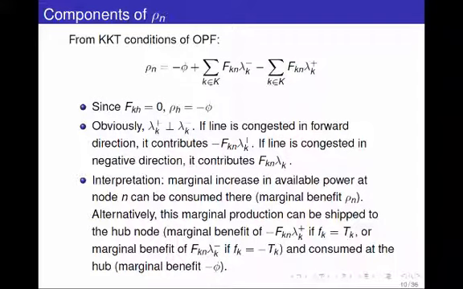First of all, rho of hub is minus phi, so hub in our case is bus A, and then rho of B is minus phi, the same, but a bunch of other stuff too. It's plus the PTDFs, so there's only one line, so these sums are only over one line.